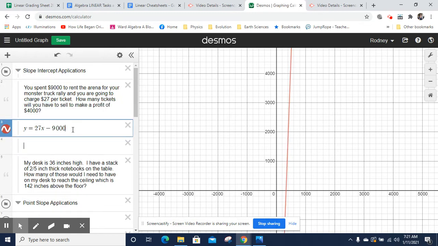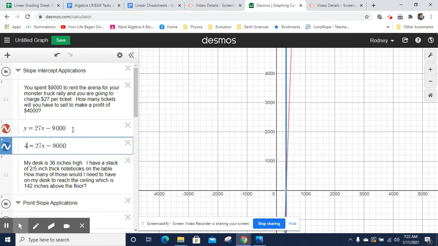So we can take this equation and figure out what X would be if Y was positive $4,000. Okay, so $4,000 is how much you want to make, and you need to know how many tickets at $27 you would need to sell to offset this $9,000.